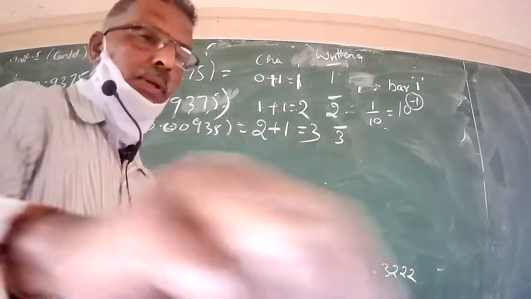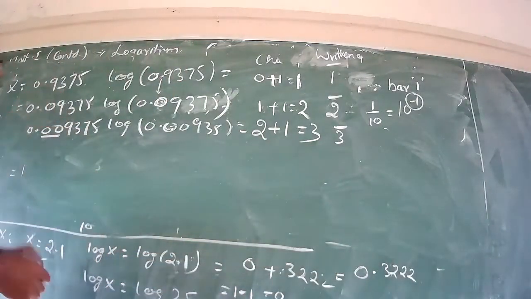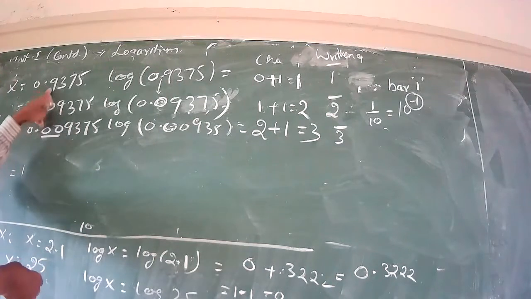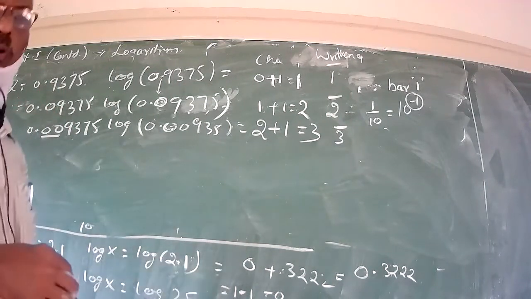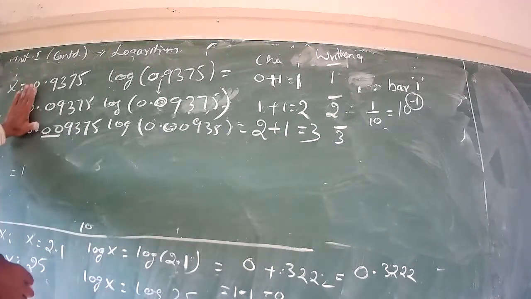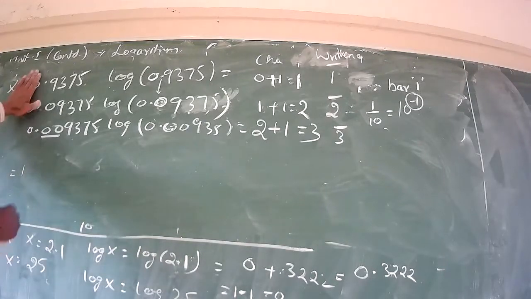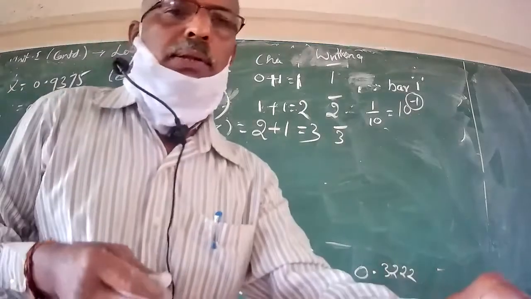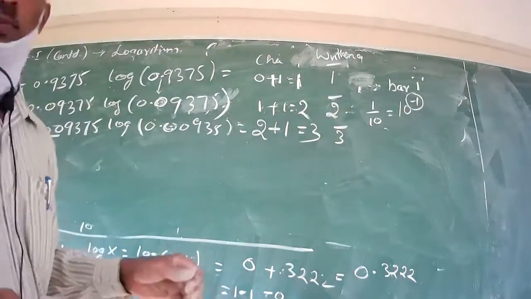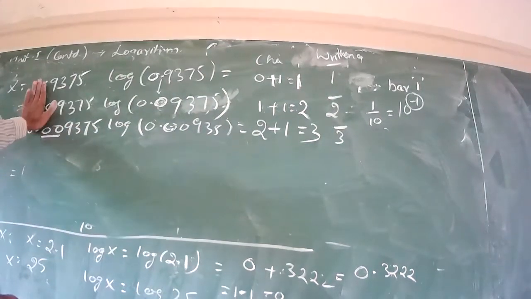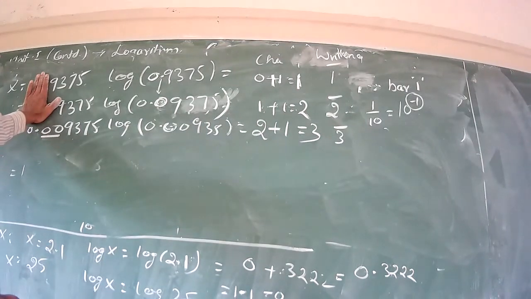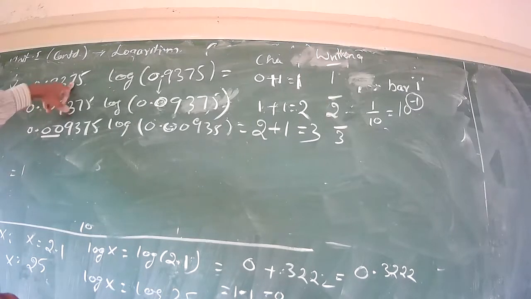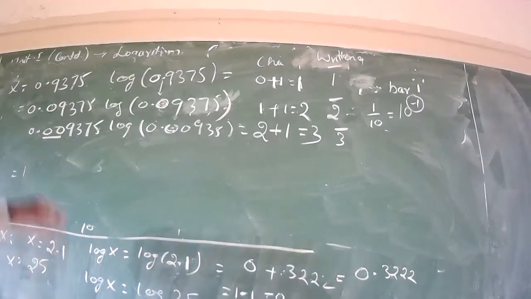Next part is the Mantissa part. For 0.9375, forget the decimal point and consider the number 9375. Go to the logarithm table and find the number.